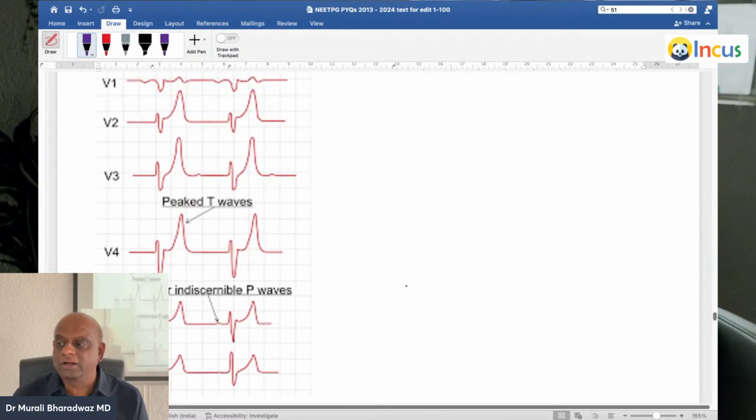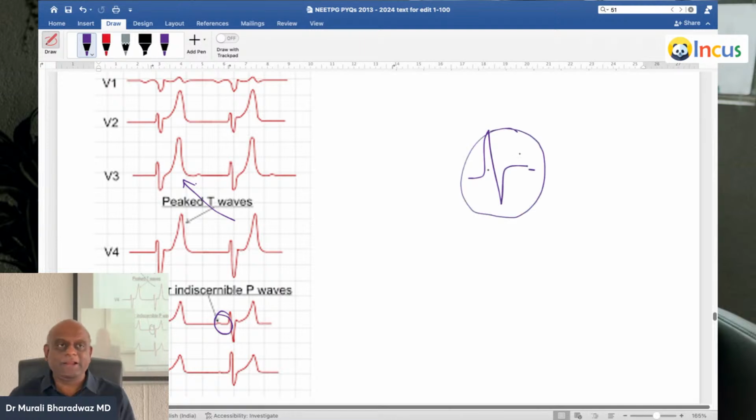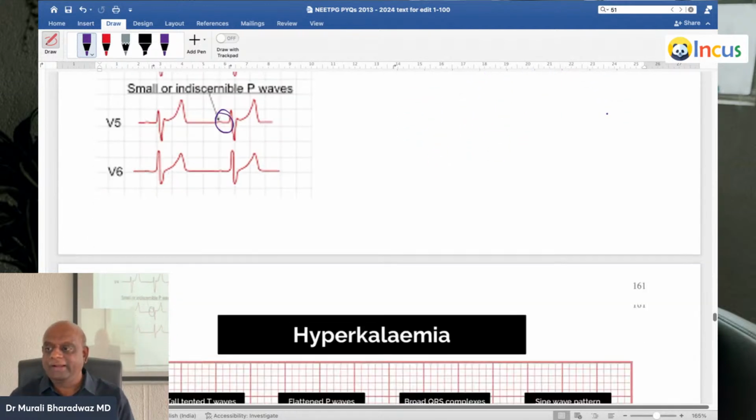So what you need to know, doctor, there will be peaked T waves, small and indiscernible P waves. The P wave, which is a sign of atrial depolarization, becomes small and indiscernible. T increases. So you can remember, QRS stays in the middle, the P in front of it becomes smaller, and the T after it becomes prominent.